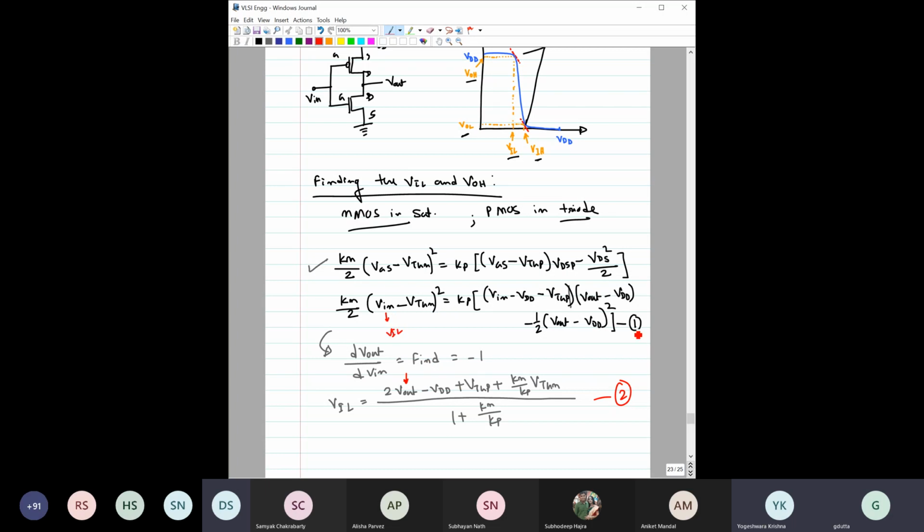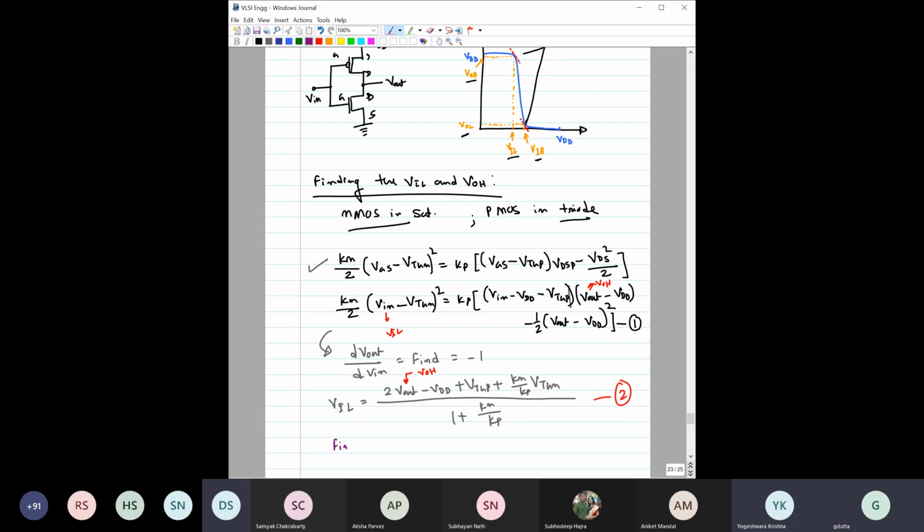If you solve equation 1 and equation 2, you have two equations and two unknowns, VIL and V out. V out is basically VOH. With two unknowns and two equations, you can solve it and find the analytical expression of VOH and VIL.